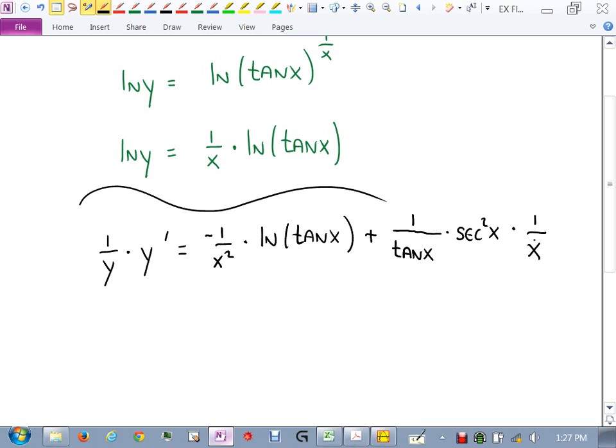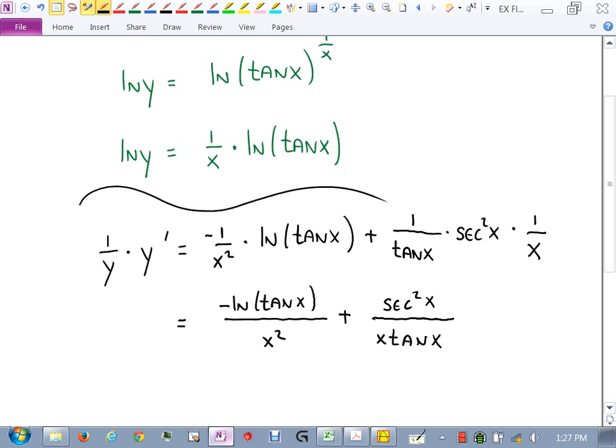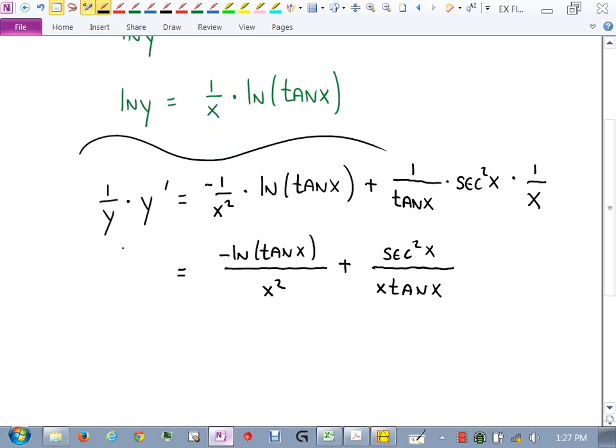That's a pretty ugly looking thing. Negative natural log tan x over x squared. The other one, I still have a plus. It's secant squared x over x tan x. And that's just 1 over y times y prime, right?